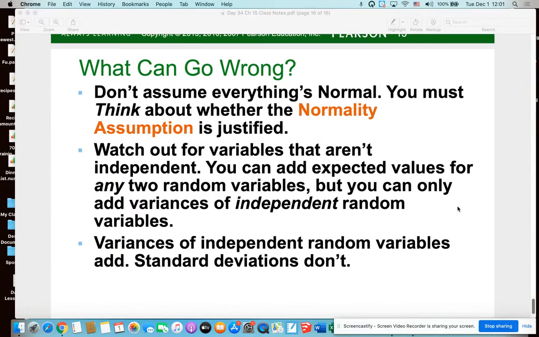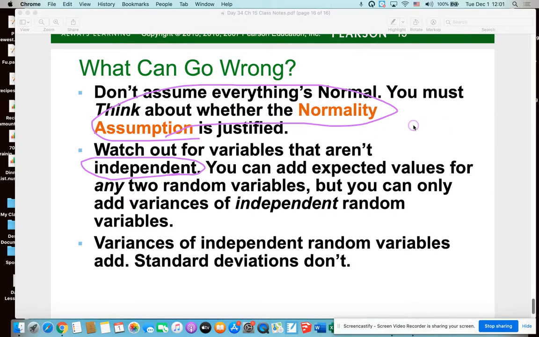Okay, so the last thing is just what can go wrong, right? I've said it many times in this video, but just always check. If you're going to use a normal curve and you're going to add and subtract variances and means, make sure that they are independent and that they are normal in shape, right? So this is the normality assumption and the independence. There's nothing specific you're doing.